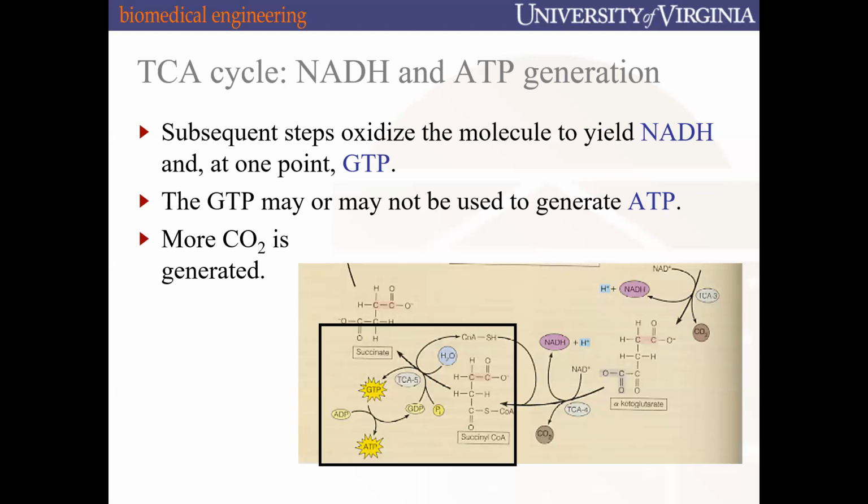Yeah. I was going to ask, if the GTP may or may not be secondary ATP, what else would it use? If GTP is not used to generate ATP, what else would it be used for? How could the cycle continue? The cycle is not dependent on GTP.